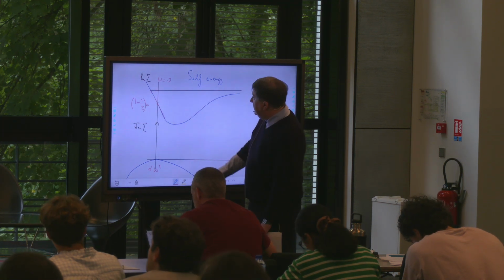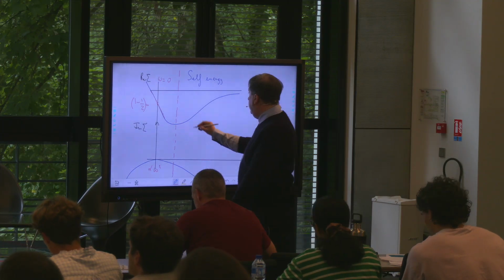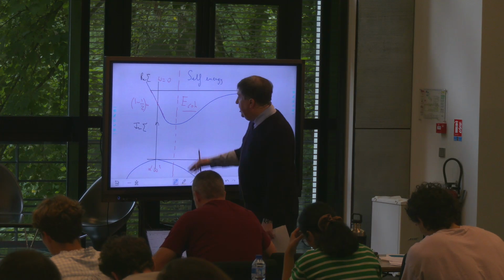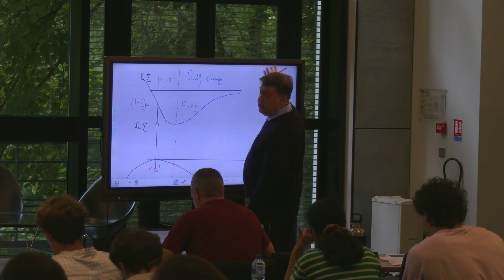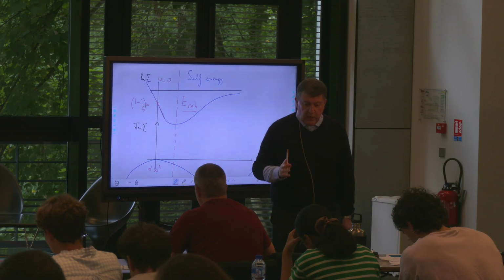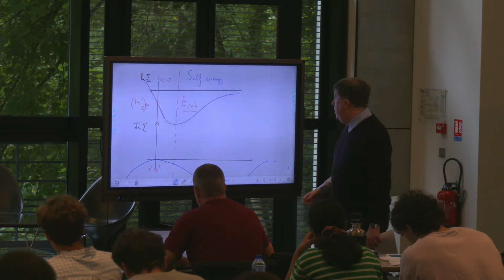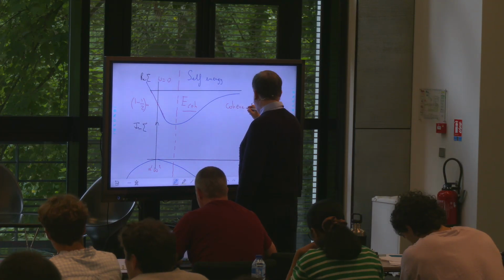But what matters is that there is an energy scale somewhere here, which is this coherence scale, below which the Fermi liquid theory is valid, above which it's not valid anymore. Fermi liquid theory is an asymptotic low energy theory. It's valid below some coherence scale, which is the coherence scale of the Fermi liquid.